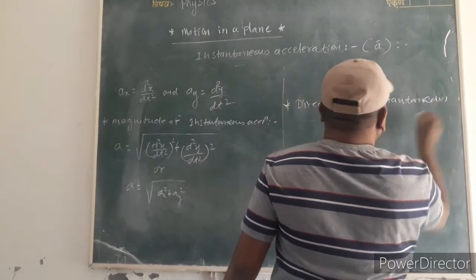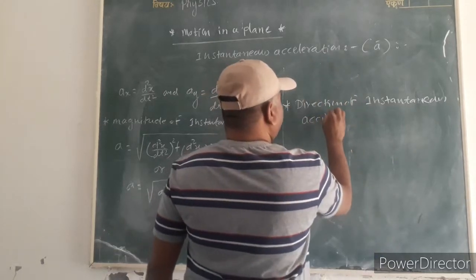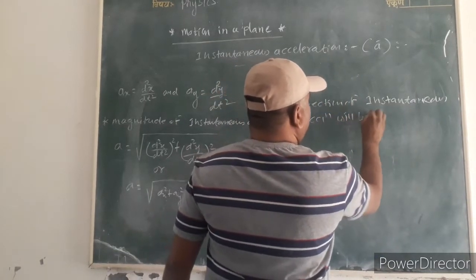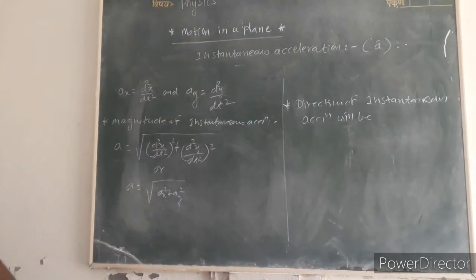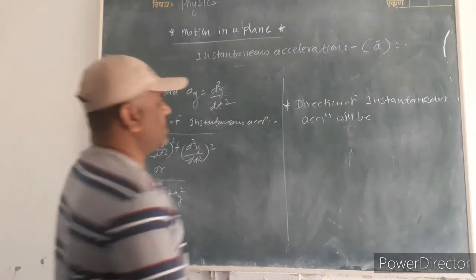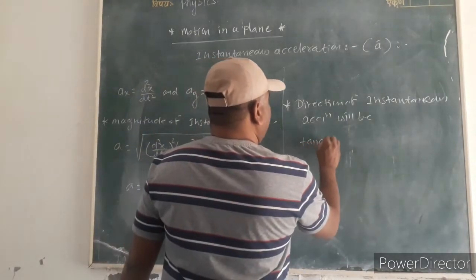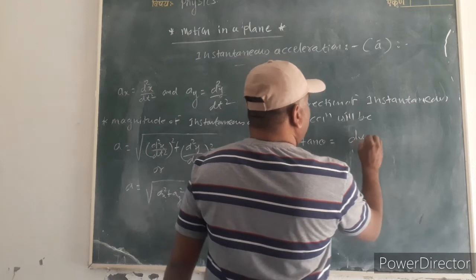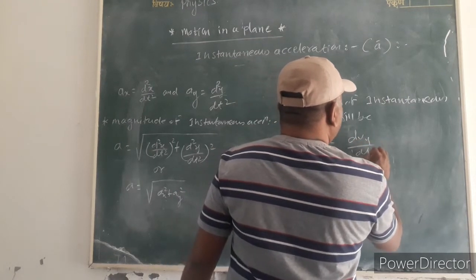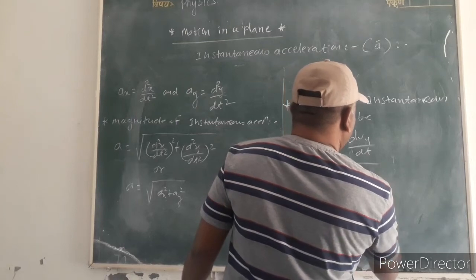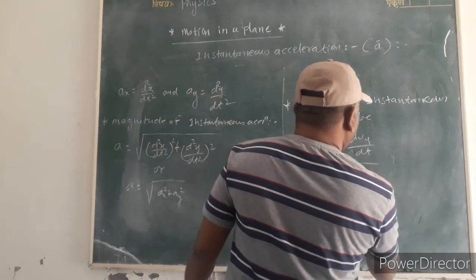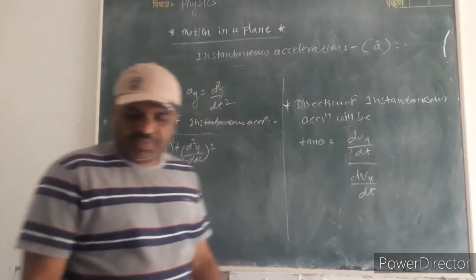This is the magnitude of instantaneous acceleration, and the direction of instantaneous acceleration is given by the components: tan theta is equal to dvy upon dt divided by dvx upon dt.